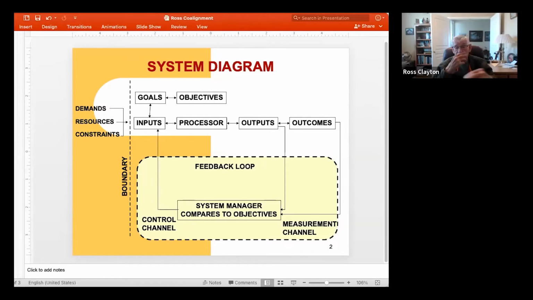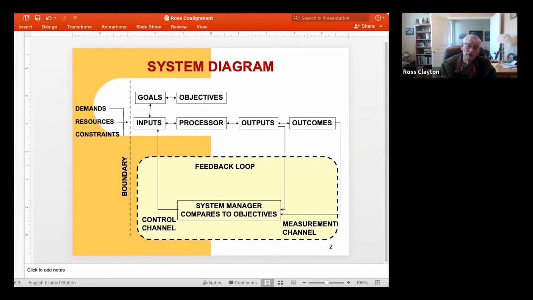Constraints are basically things like absence of sufficient fiscal resources or shortage of staff to produce the outputs, and or university regulations like thou shalt not ask for money from major donors without permission from the senior vice president and so forth.